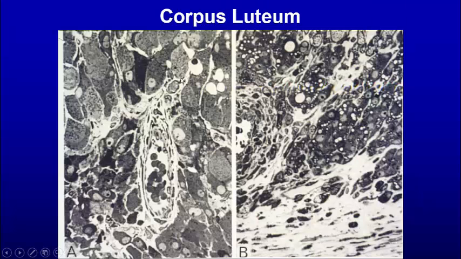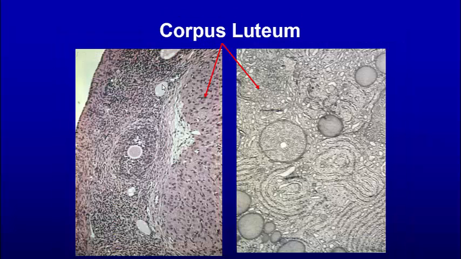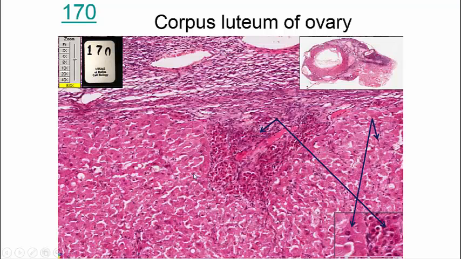If we look at those cells, lots of mitochondria in through their very euchromatic nucleus, big nucleolus, so they're very active steroid-secreting cells. And so you can see lots of smooth endoplasmic reticulum and tubular-type cristae in the mitochondria, also some rough ER as well, but these cells are what we see here in the corpus luteum.